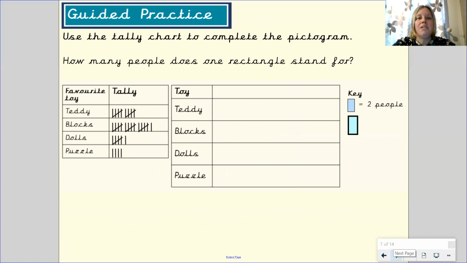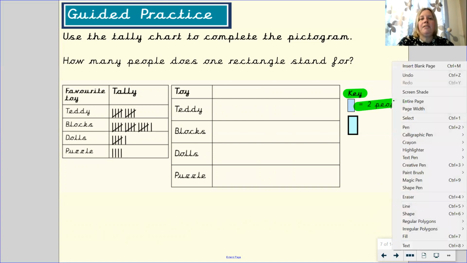It says use the tally chart to complete the pictogram. How many people does one rectangle stand for? Where am I going to look to find that piece of information? I'm going to look at my key, and my key tells me that a rectangle is equal to 2 people.